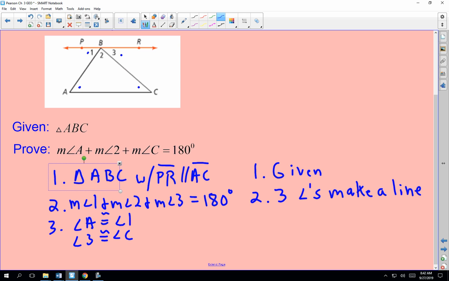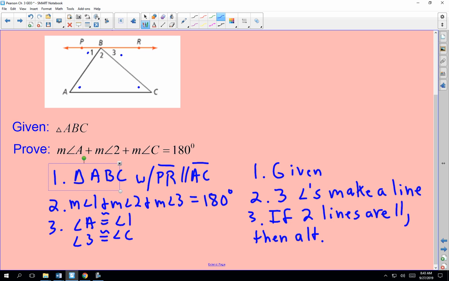And I'm going to write it out here just to be very specific, and that is if two lines are parallel, then alternate interior angles are congruent.